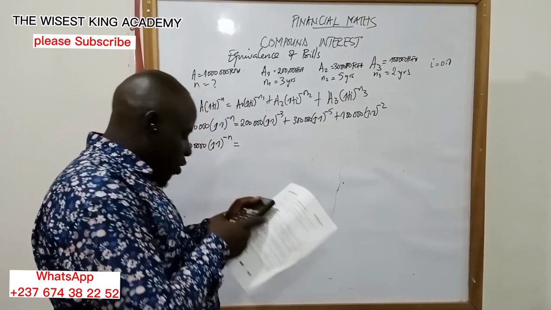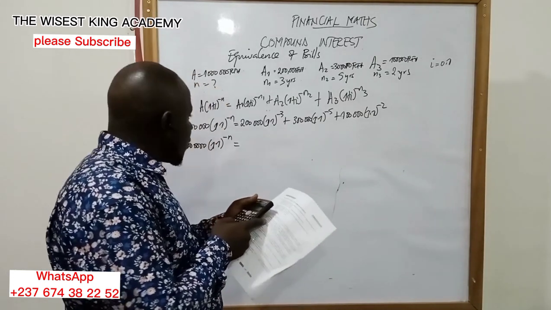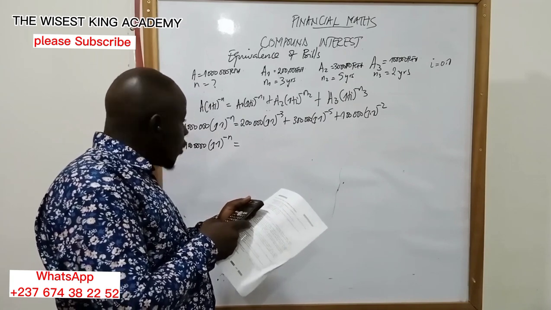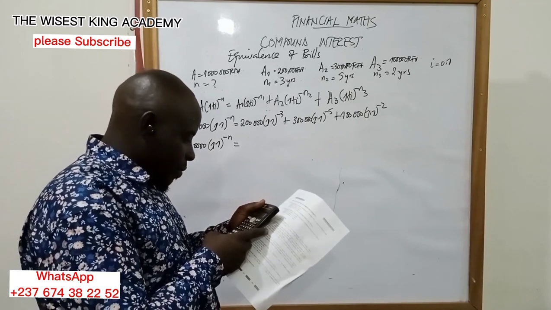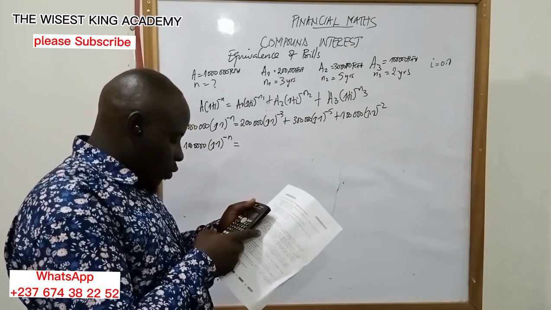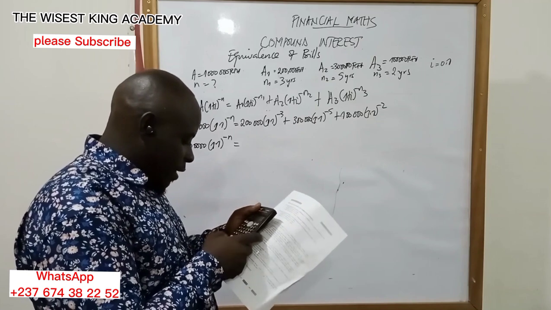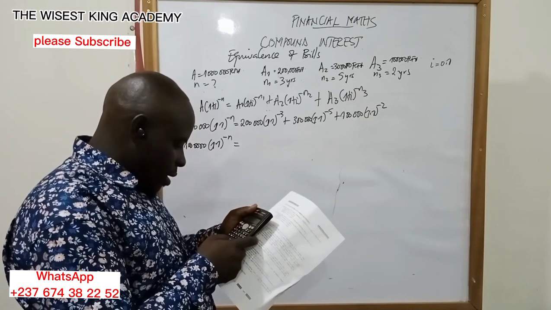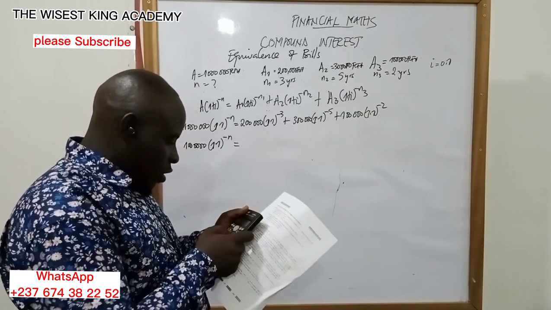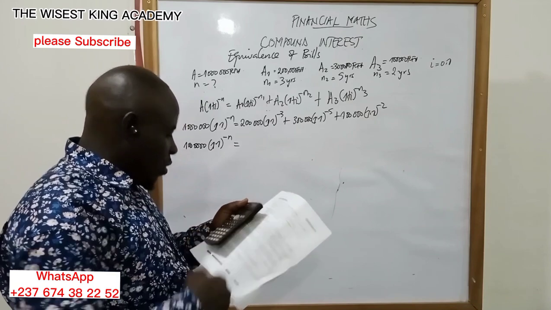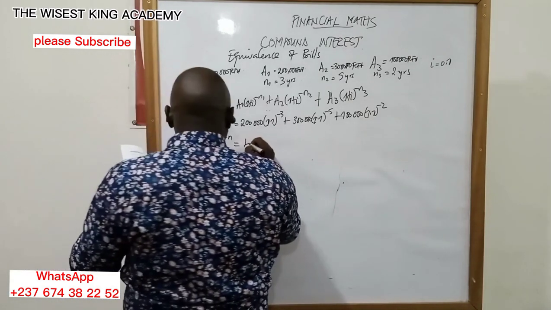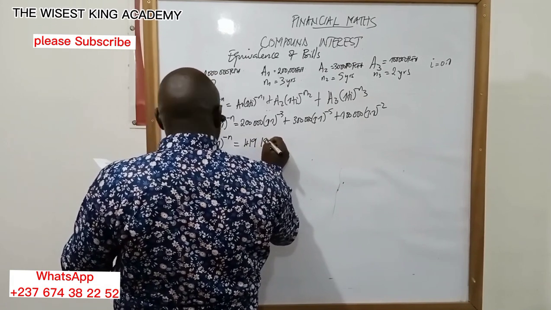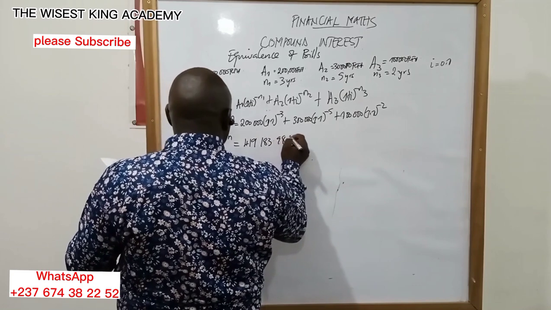So this will be 1 million times 1.1 raised to the power negative n equals, let's calculate this other side: 200,000 times 1.1 raised to the power negative 3 plus 300,000 times 1.1 raised to the power negative 5 plus 100,000 times 1.1 raised to the power negative 2 equals 419,183.9852.